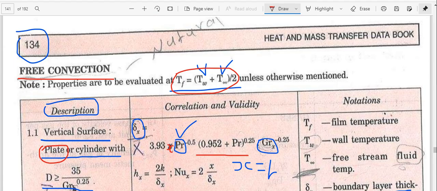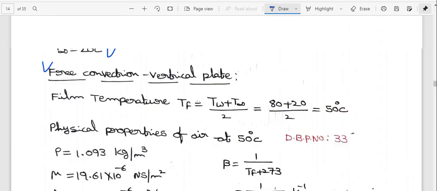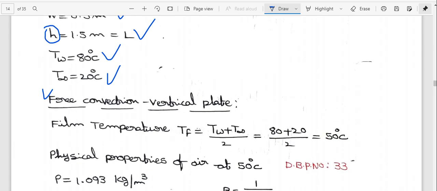For free convection, film temperature is equal to wall temperature plus ambient temperature by 2. This is the formula. The wall temperature is 80 and air temperature is 20, the whole divided by 2, that equals 50. So we need to take the physical properties of air.